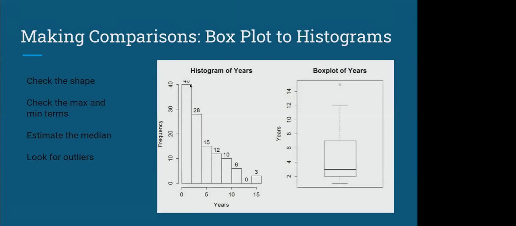So if we have 40 here, we need 10 of this 28 to get to our 50. So that means the median is going to be somewhere in this second bar. You understand? Does that make sense to you?